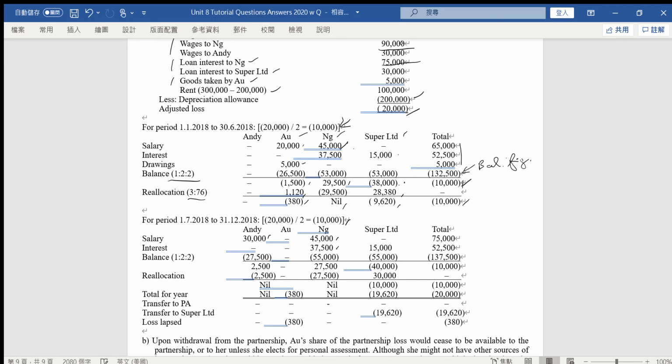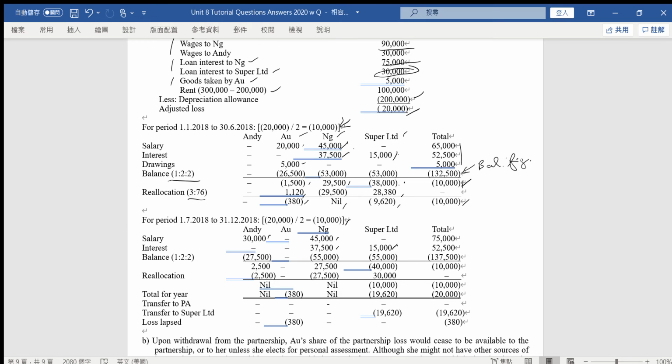Same for this part, you divide the relevant figure by half. For Super Limited, the interest amount should also be divided by half: 30,000 divided by half is 15,000 here and 15,000 here.